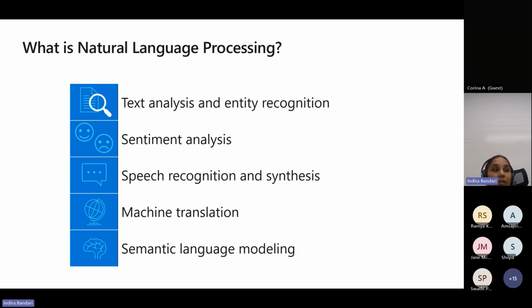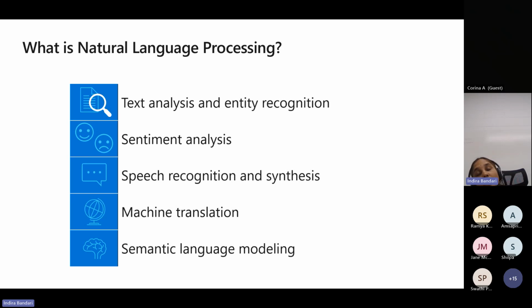For example, in a car system, it might enable hands-free communication by reading incoming text and then enabling you to verbally dictate a response. That kind of example is speech recognition and synthesis.